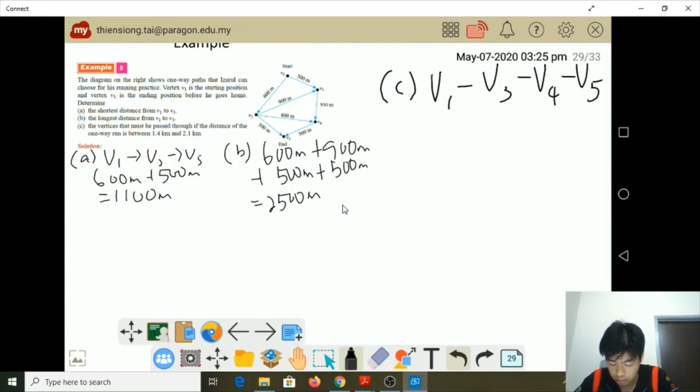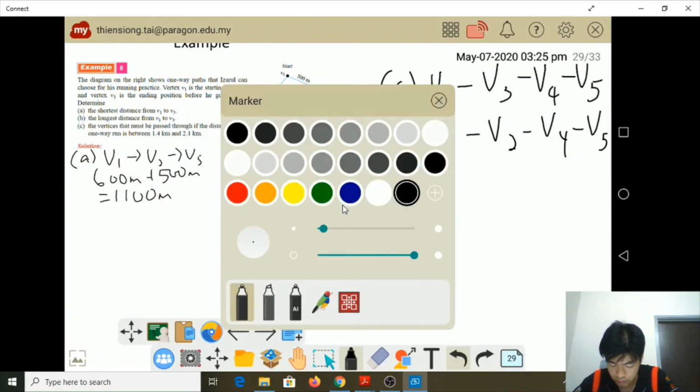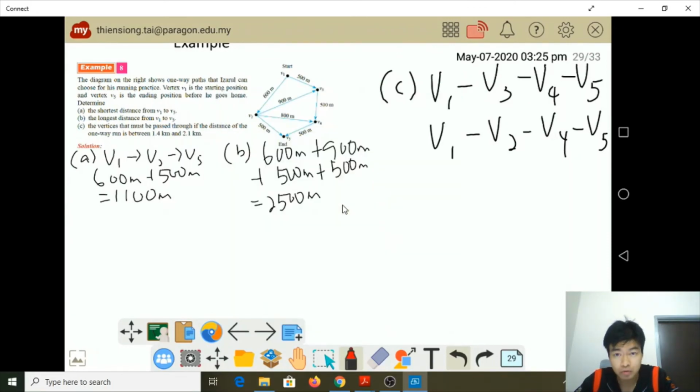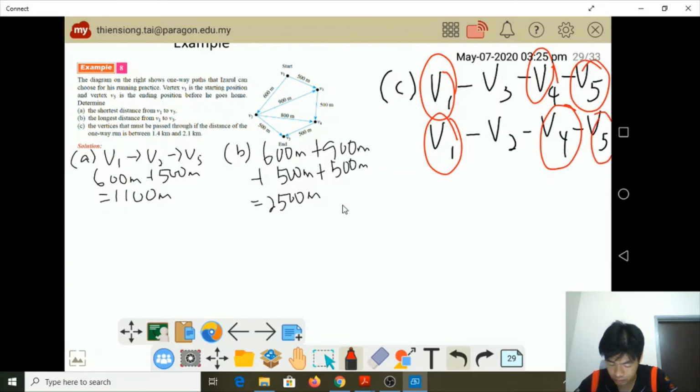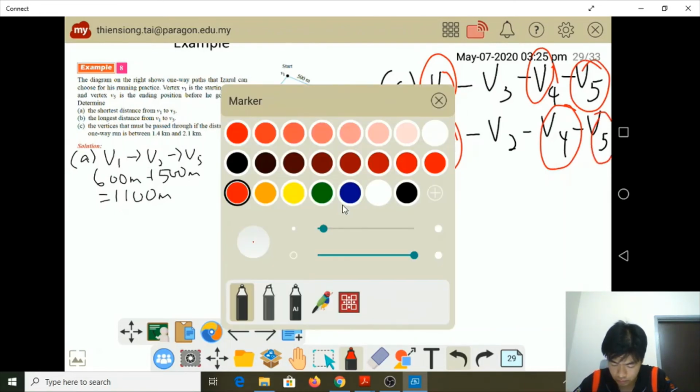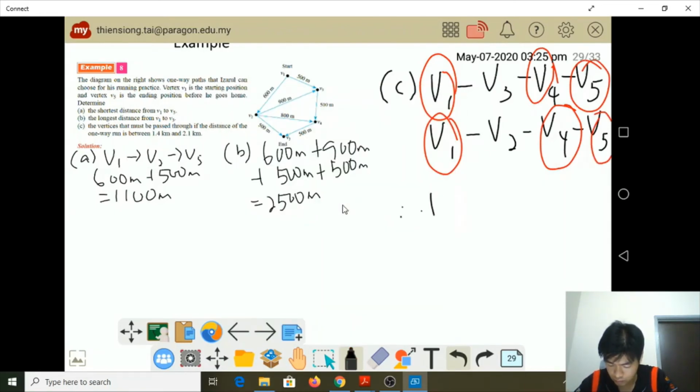Another possibility, V1, V2, V4, and V5. This is another possibility which falls between 1.4 and 2.1. So the common vertices that he must pass through regardless of the path he takes are V1, V4, and V5. So the answer is V1, V4, and V5.